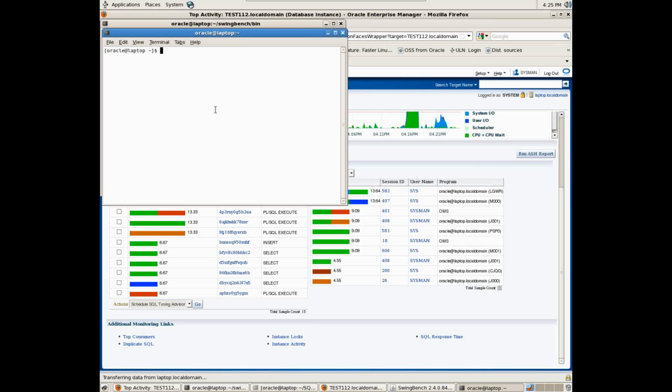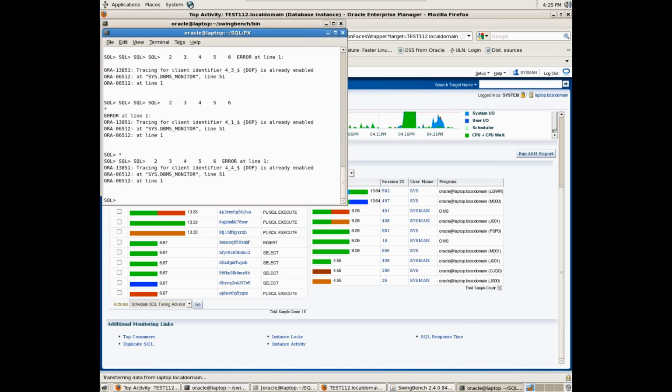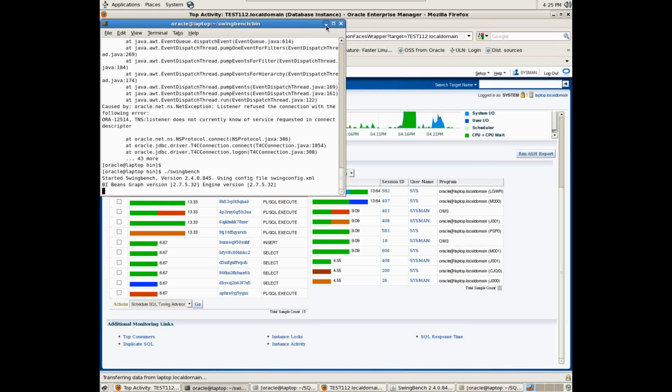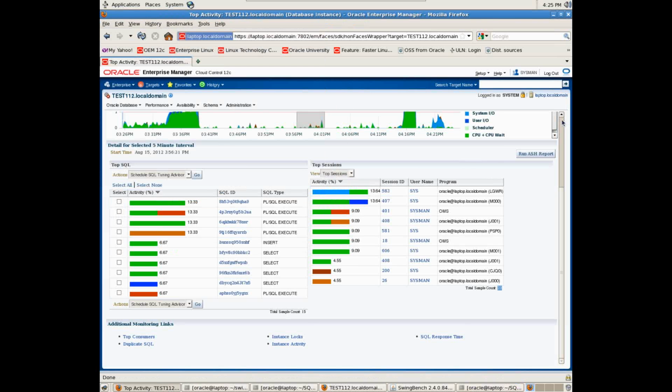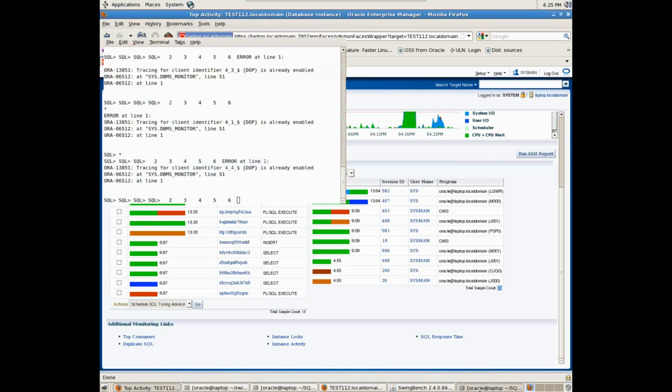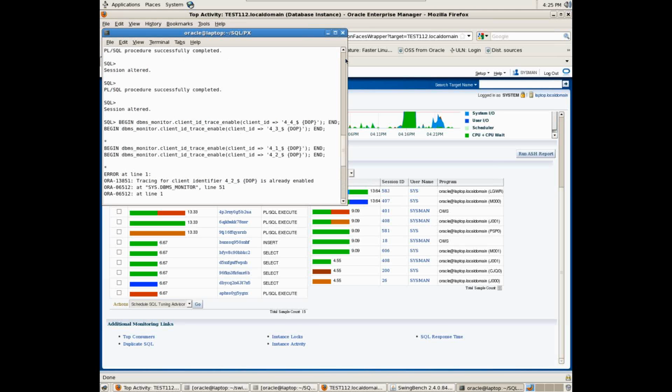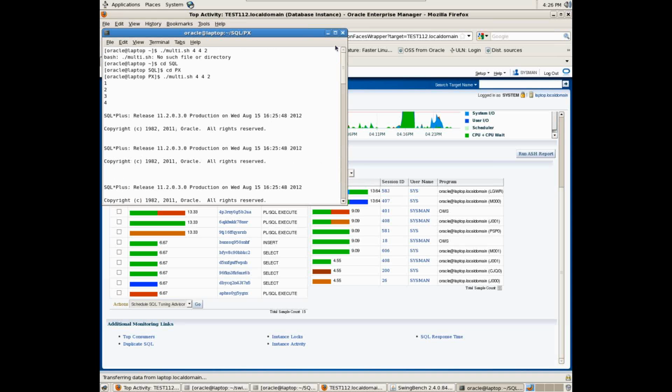I'm going to run an old parallel execution test from papers which I did quite a few years ago, which I was using in the E4 conference this week, and it's what made me think to use this. Let me see, what did I run again? Let me have a look. It's going to run 4 parallel queries with a degree of parallelism of 2.